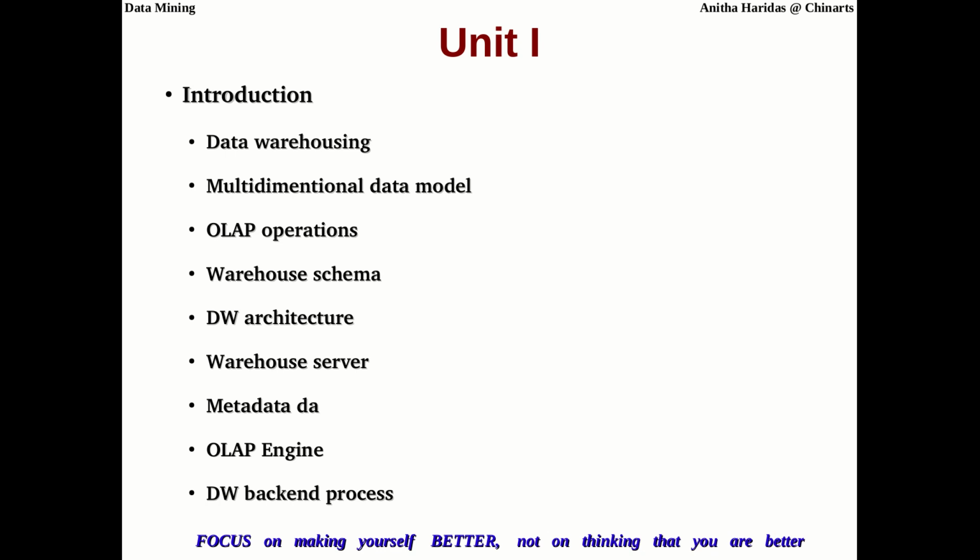We have also discussed why data cube is used as a representation in the multidimensional data model. Then we talked about what are the different OLAP operations available, such as drilling, slicing, dicing and rotating, or you call it as pivoting. These are the different OLAP operations available.